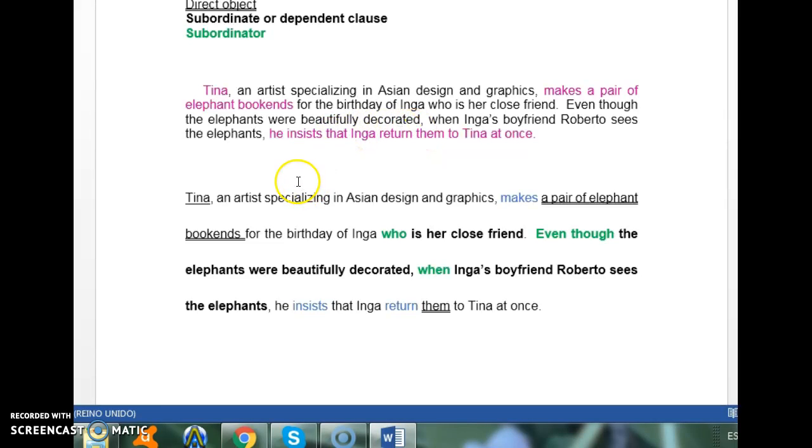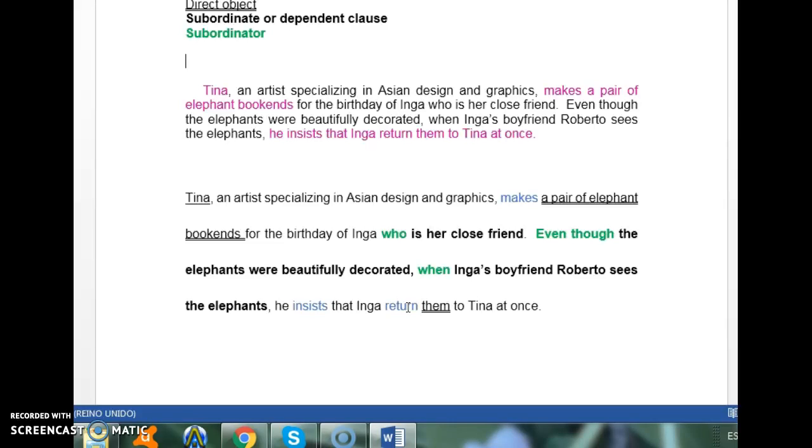Okay. Here you have it analyzed underneath, and you have three important verbs, which are makes, insists, and return. He insists that Inga return them to Tina at once.